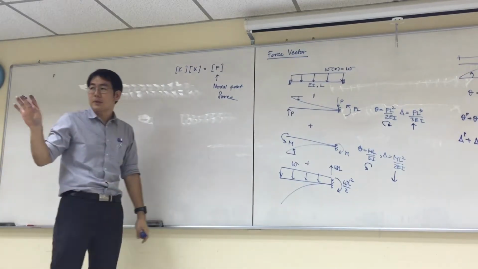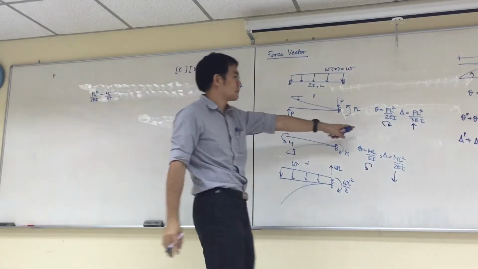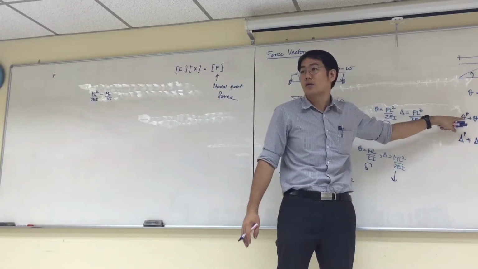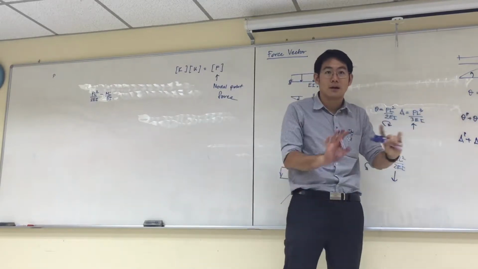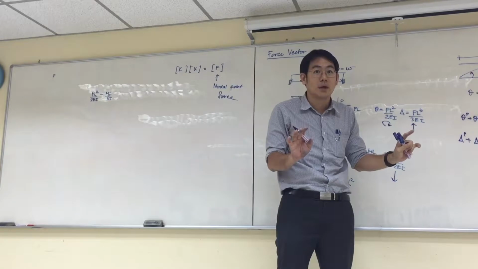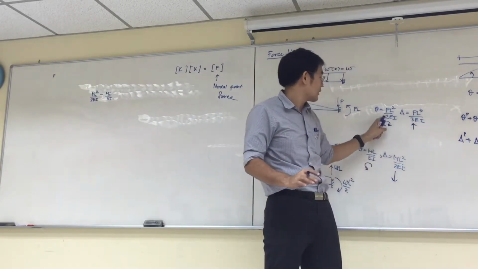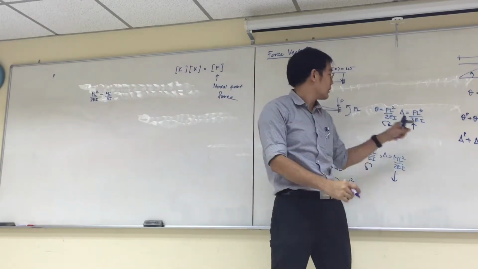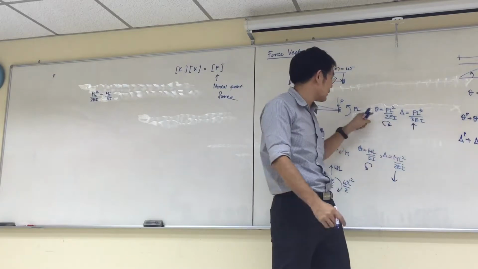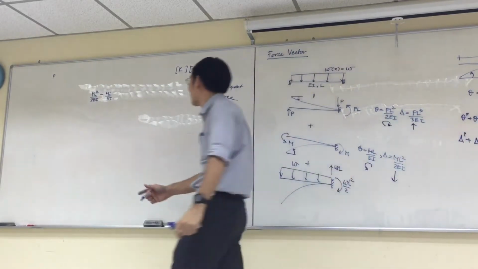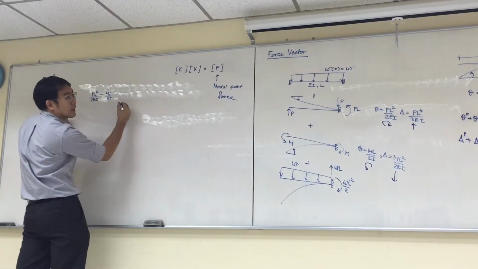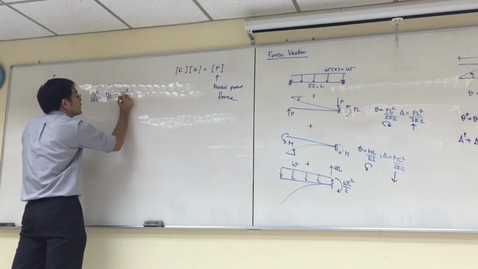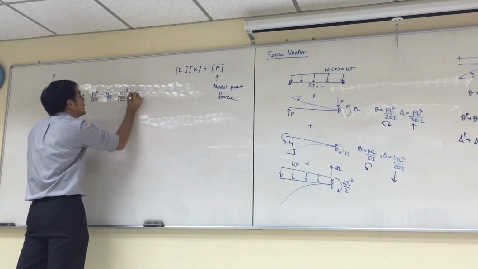Sometimes you might get confused why this one is positive. I just set up the equation, so whatever sign convention I use, I am going to get the right solution. Put it as positive and negative, or negative and positive, you end up with the same thing. Then minus WL cubed over 6EI equals 0.